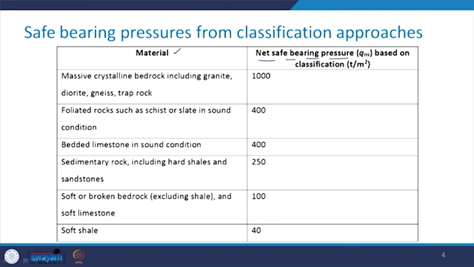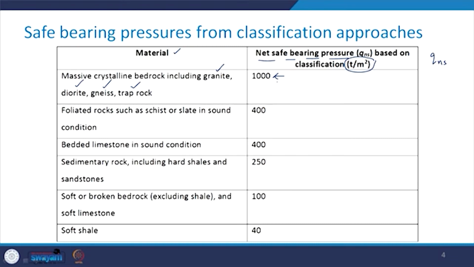The table here shows various materials and the corresponding values of net safe bearing pressure, represented as QNS, given in ton per meter square. In case you have massive crystalline bedrock including granites, diorite, gneiss or the trap rock, your net safe bearing pressure can be taken as 1000 tonnes per meter square.